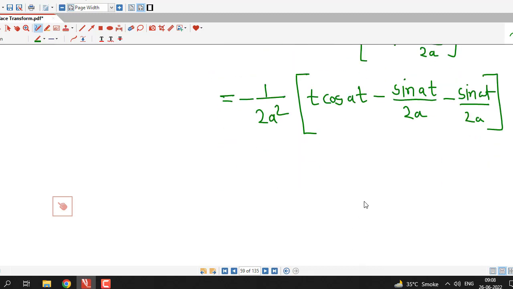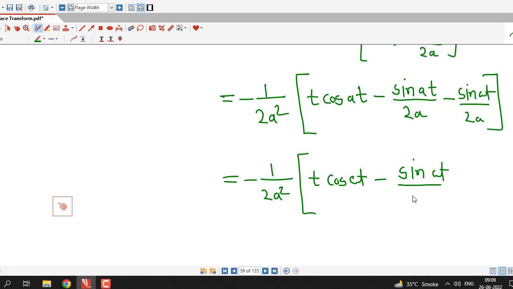Again we simplify this. This is equal to minus 1 by 2a square, t cos at minus 2 times sin at divided by 2a, that is 2 will cancel out, sin at divided by a.